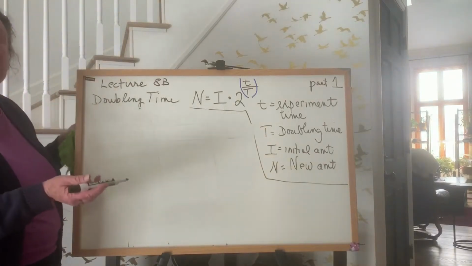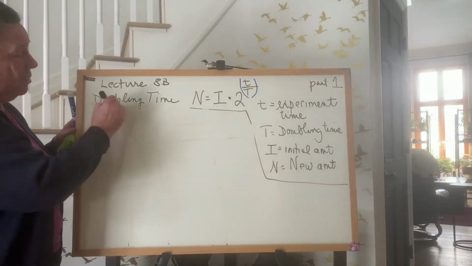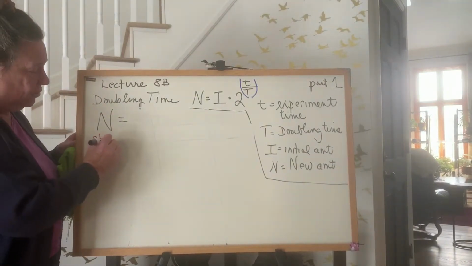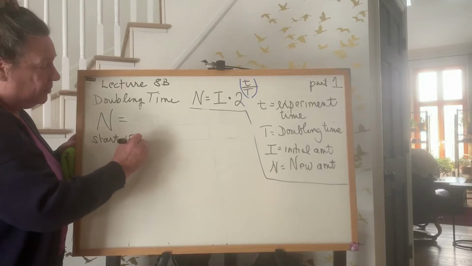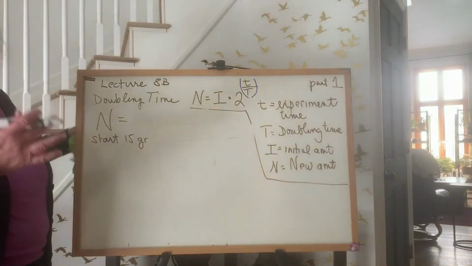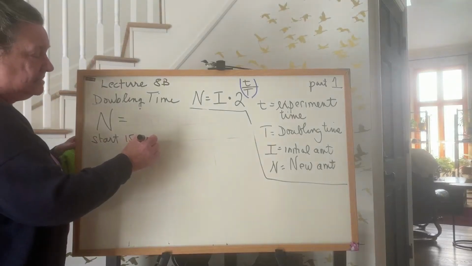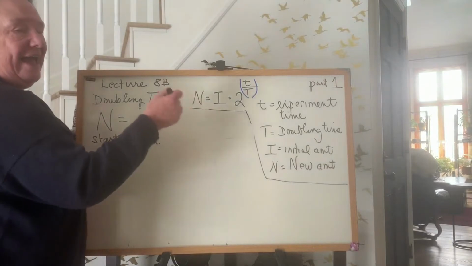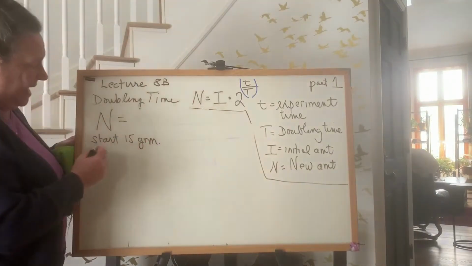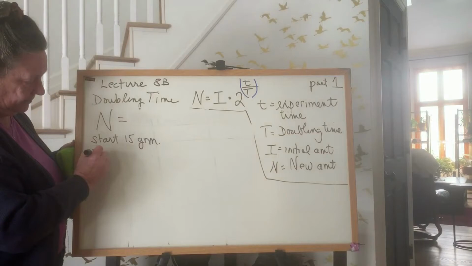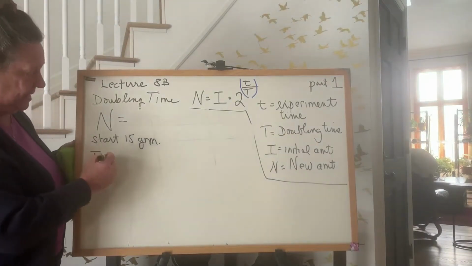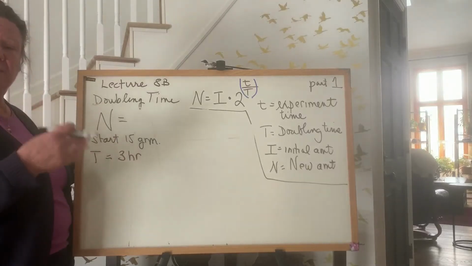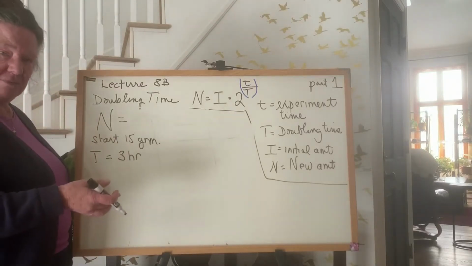So let's do an example. How much are you going to have if you start with 15 grams of something, meat, no, not meat, flour and butter and water and yeast, okay? And the time to double, capital T, is 3 hours. So in other words, every 3 hours, your substance doubles.